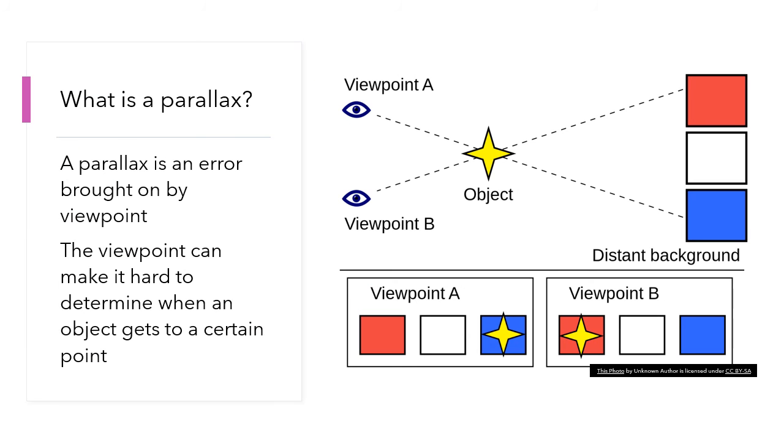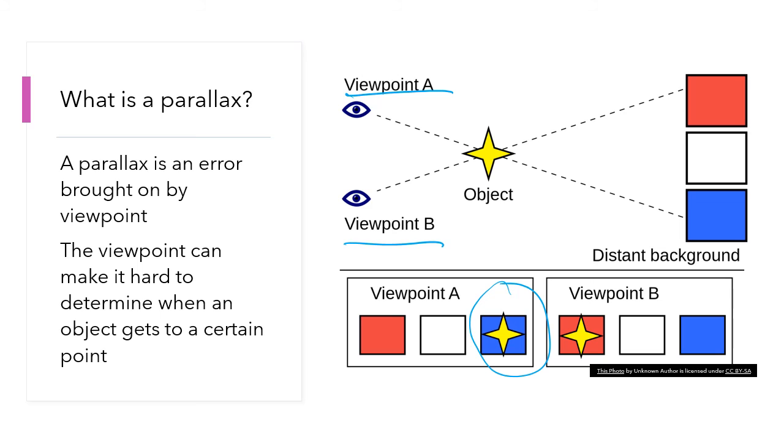The last thing I want to talk about is parallax. Parallax is simply an error brought on by a different viewpoint. For instance, in this drawing right here, we have person A, viewpoint A, looking at that star, and they look over at these backgrounds, and they see the yellow star in the blue box.